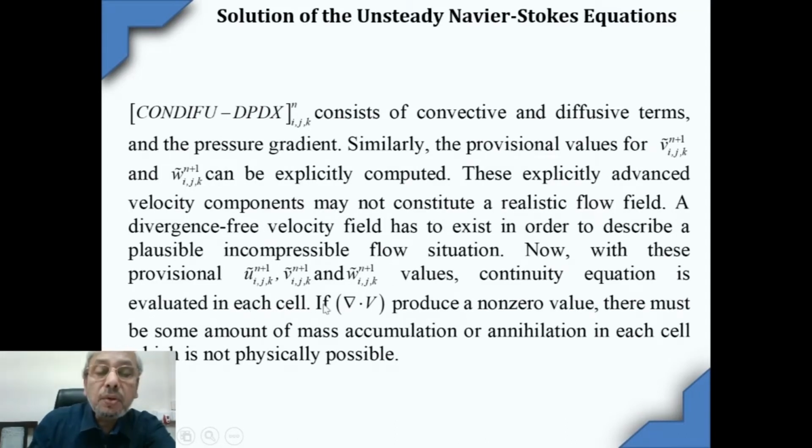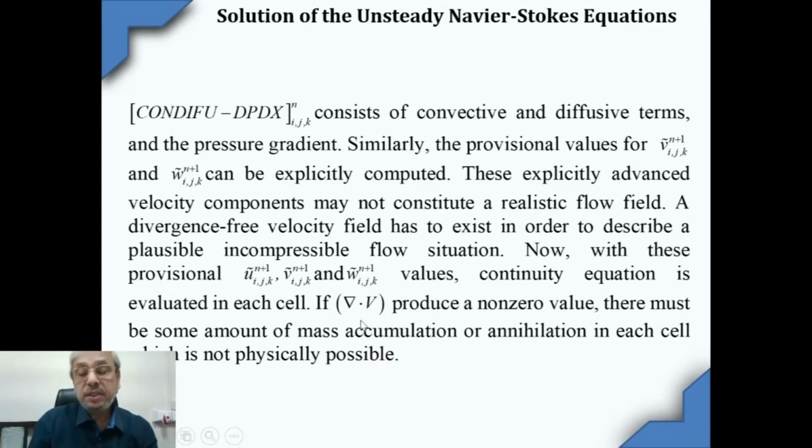In the continuity equation, divergence of V, where V is the vector signifying u, v and w, all three components. So if divergence of V produces a non-zero value, there must be some amount of mass accumulation or annihilation in each cell, which is not physically possible.